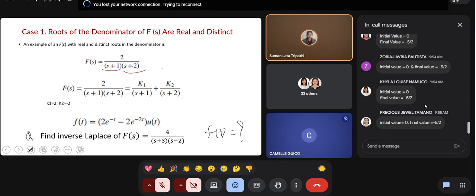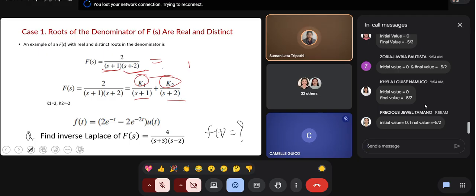You can separate this like here, and once you separate it, it will become standard form. But how to get the values of k1 and k2? This is a mathematical process: you can rewrite this equation as k1 upon s plus 1 plus k2 upon s plus 2, and you don't know the values of k1 and k2.